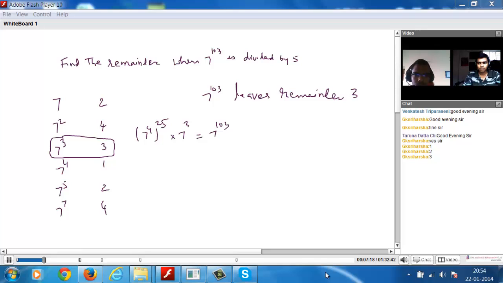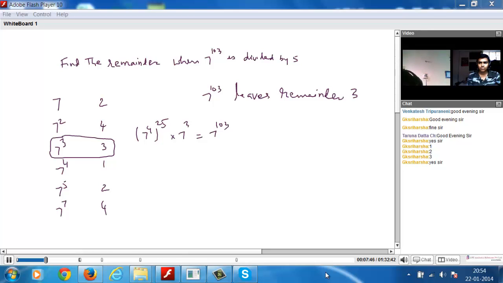Because 7 power 4 leaves remainder 1. That means 7 power 4 power 25 also leaves remainder 1, into 7 power 3, is 7 power 103. Now we have come to know that 7 power 103 leaves remainder 3 when divided by 5.